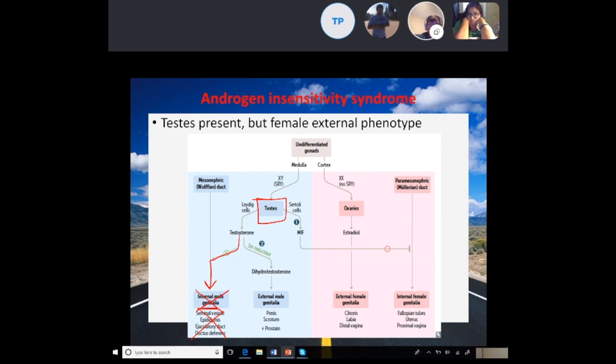Oh, sorry, actually, I should have gone this way. But we won't get both either. We're not going to get these because, again, the end organ is not working. So it's not that they don't have a penis, scrotum, prostate, or the internal organs. It's just that default is going to take over, and it's just going to go with whatever it can work with.